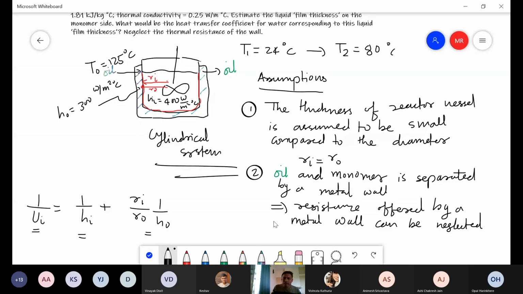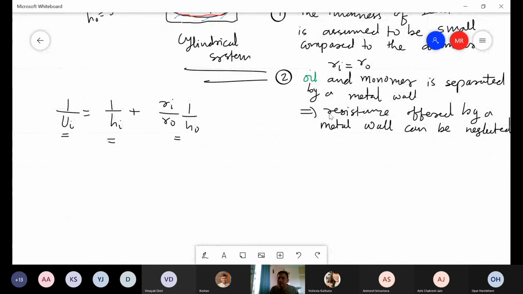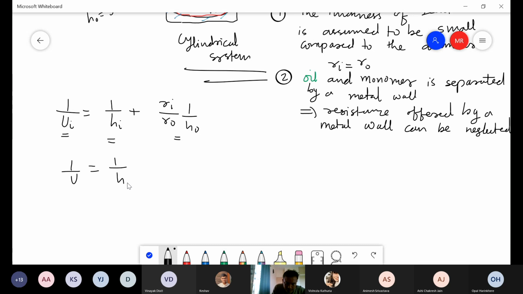Okay, so now here all the values we know, so we can directly find out the overall heat transfer coefficient, isn't it? In this case Ri is the same as R naught, so it doesn't matter whether we put the subscript or not, it is still going to be the same. So we can write 1 by U is given as 1 by Hi plus 1 by H naught.